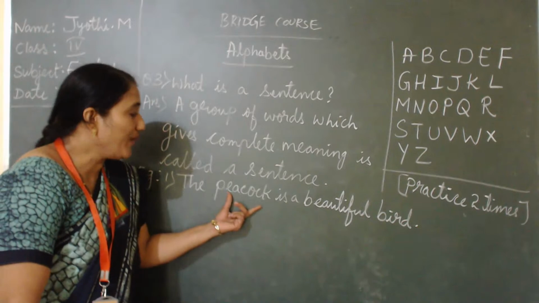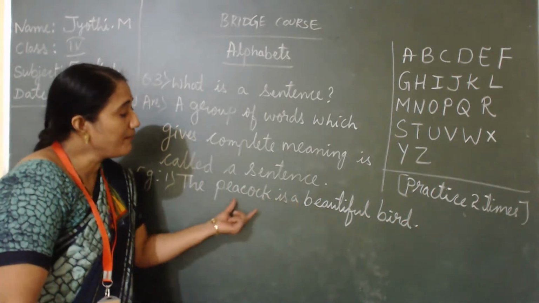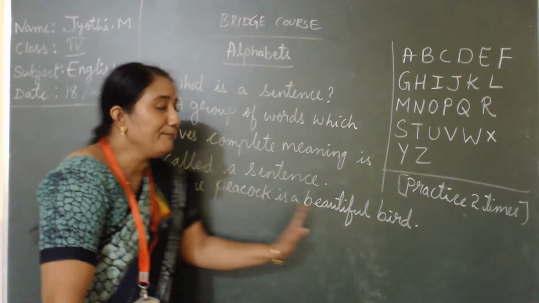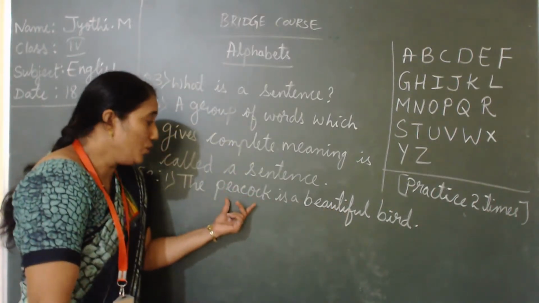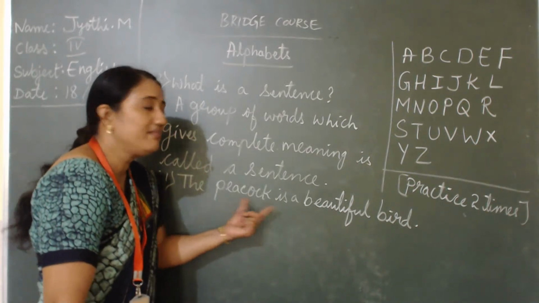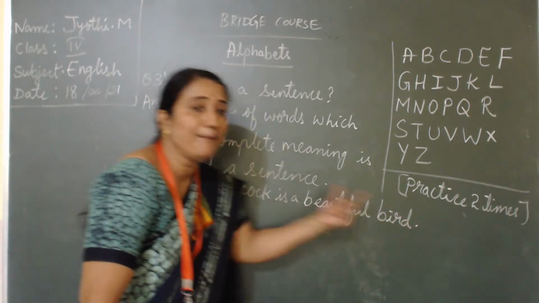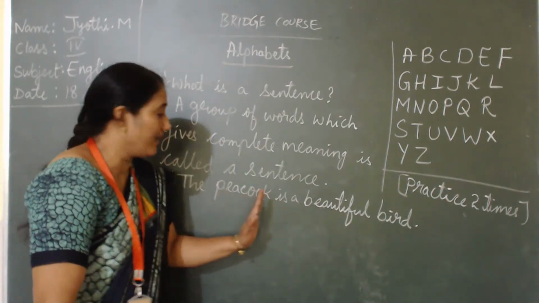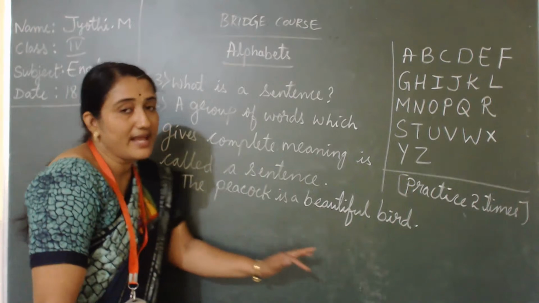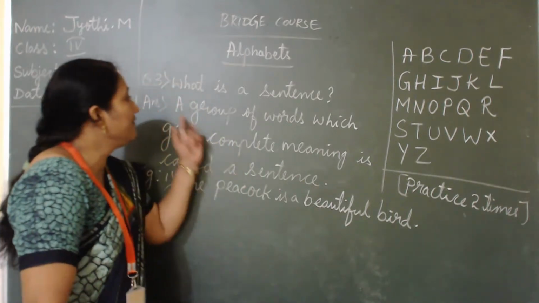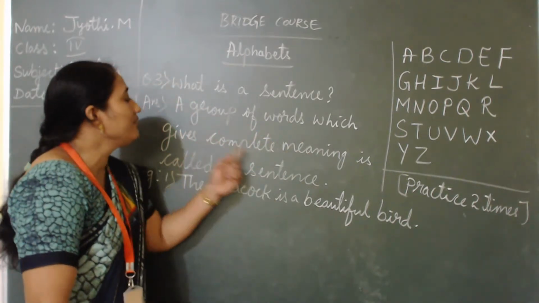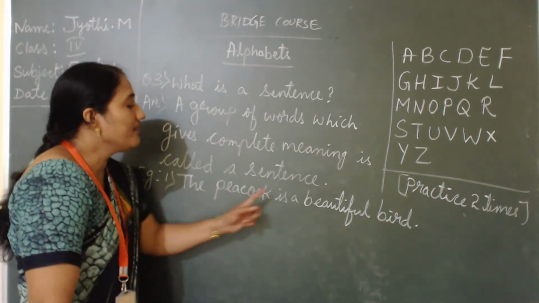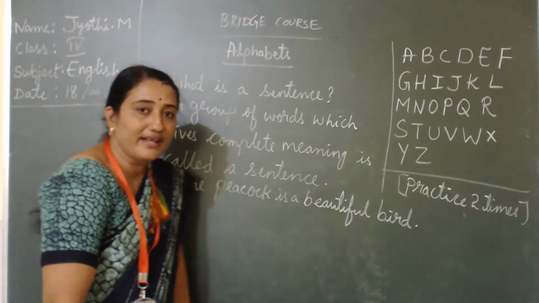You know that this peacock is a bird. How is the peacock? The peacock is very beautiful. Here we are getting the meaning. So you are getting some meaning here. So this makes a complete sentence. A group of words which gives complete meaning is called a sentence. So the peacock is a beautiful bird. This is one of the examples.